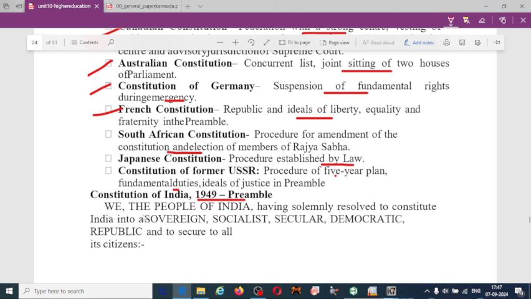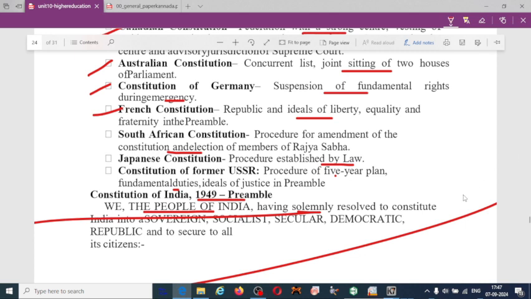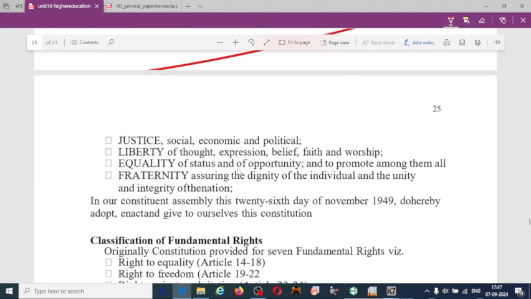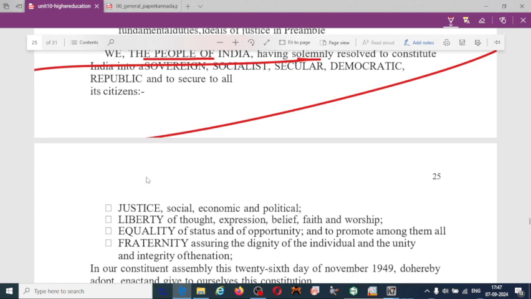So, Constitution of India, 1949, preamble. We, the people of India, having solemnly resolved to constitute India into a sovereign, socialist, secular, democratic republic, and to secure to all citizens: justice, liberty, equality, fraternity.